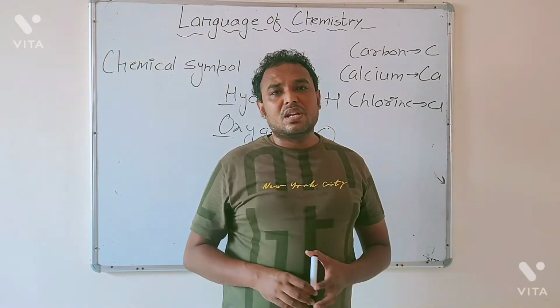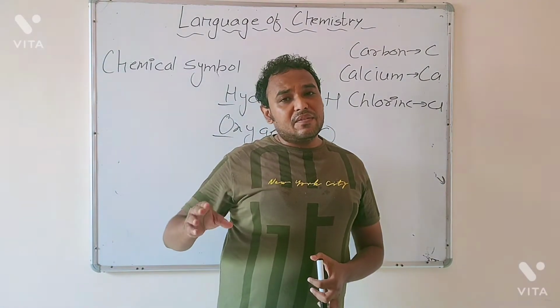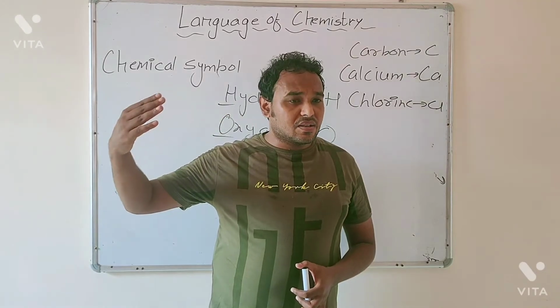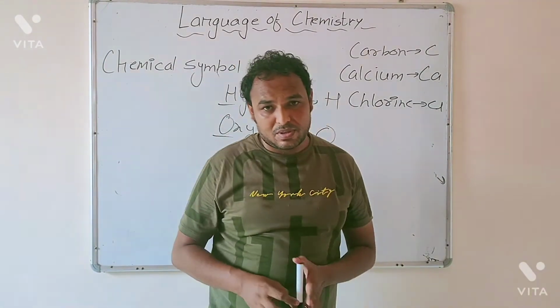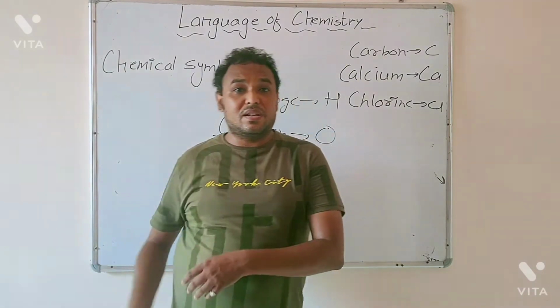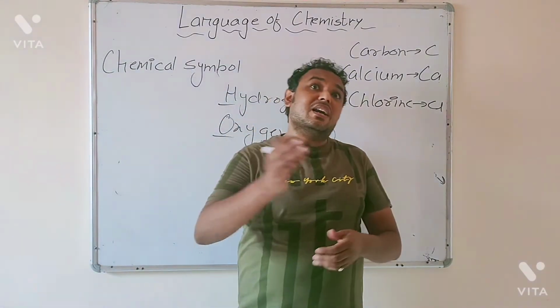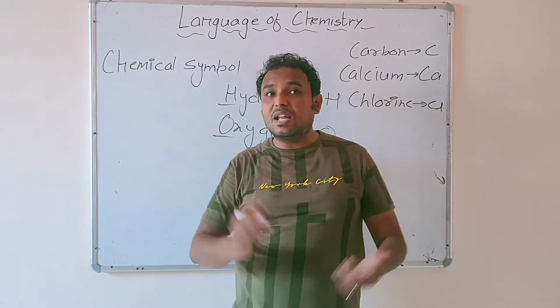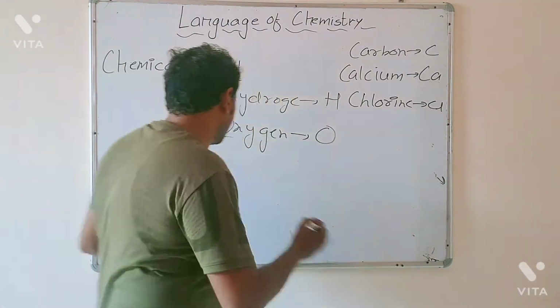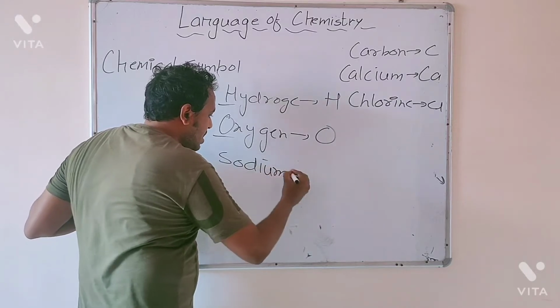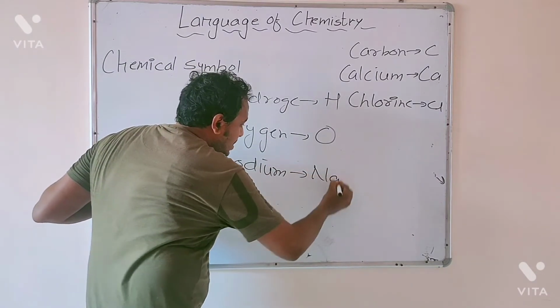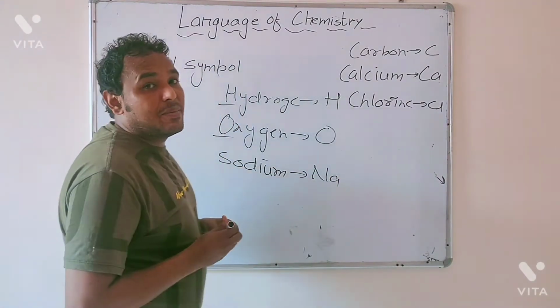Third way, he gave symbols from their Greek or Latin names. Their English name is different, but the symbols are derived from their Greek or Latin names. For example, sodium. Its symbol is Na because its Latin name is natrium.